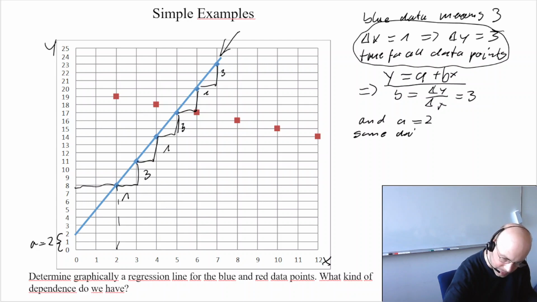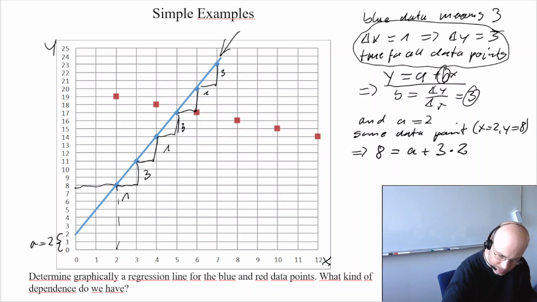Some data point x is 2 and y is 8. We already know that b is 3, so we know 8 equals a plus 3 times 2, and then of course we obtain a equals 2.